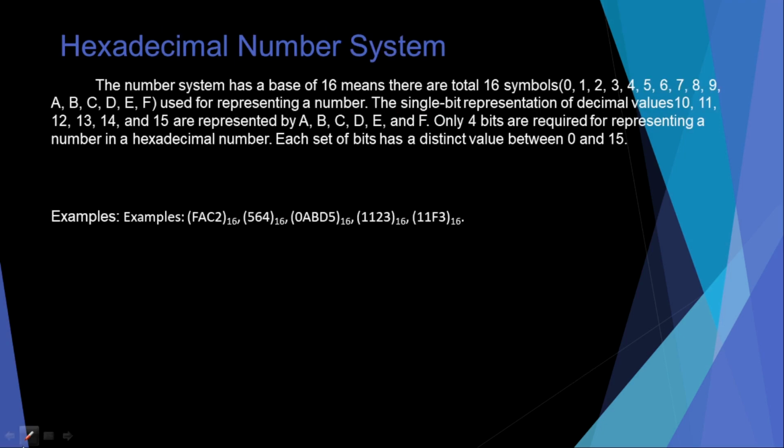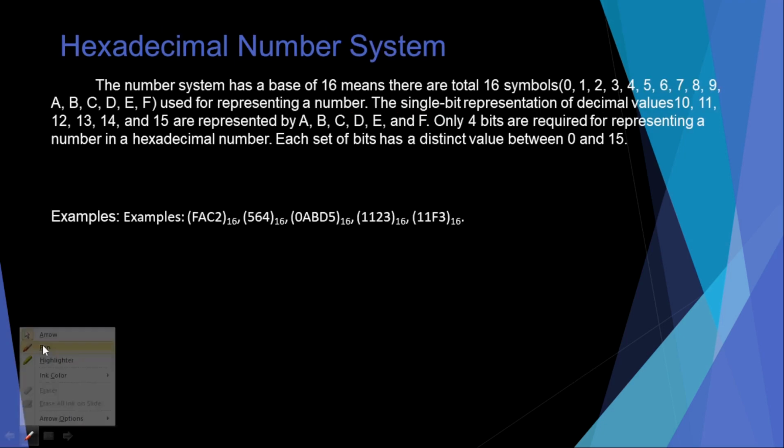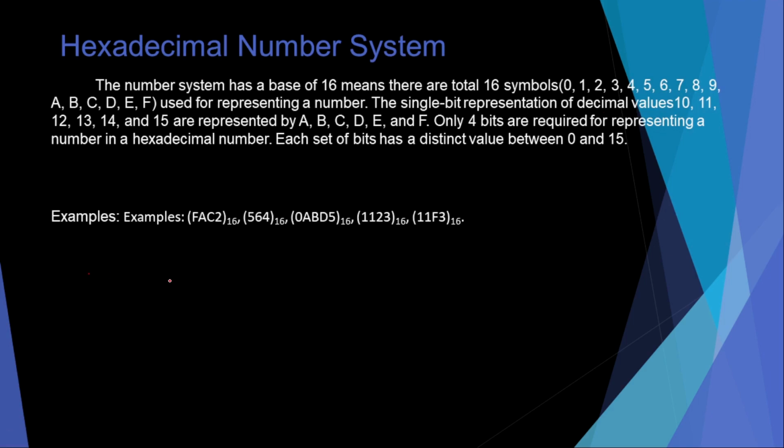The final type is the hexadecimal number system. The hexadecimal number has a 4-bit value. It has values from 0 to 15, where 0 is the minimum value and 15 is the maximum value.